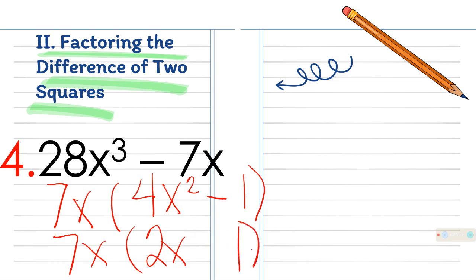Then we enclose in parentheses and express this as the product of the sum and difference of two terms. Therefore, the complete factors of 28x cubed minus 7x will be 7x times 2x plus 1 times 2x minus 1. Okay? Is that clear?